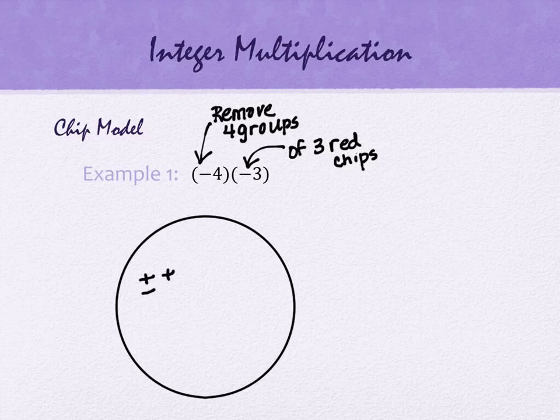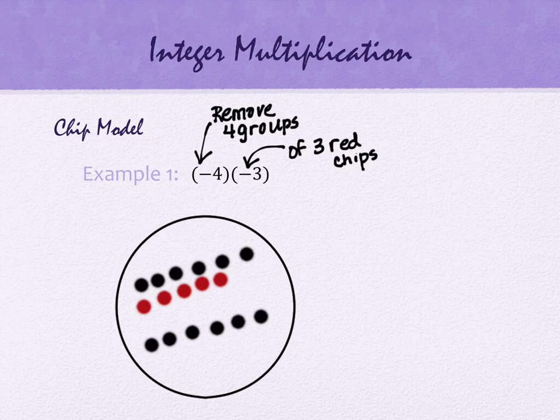Oh, I'm sorry, it was chips. Thank you. That'll be faster. There are 0 pairs, so we're going to put them in both.